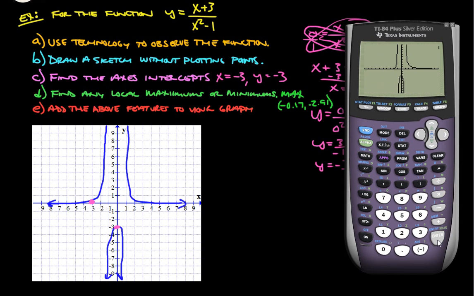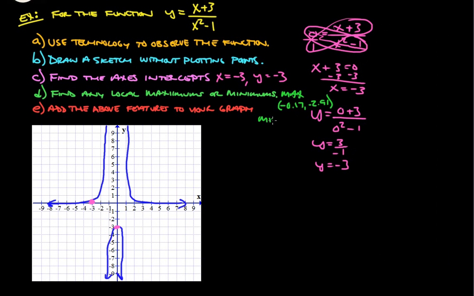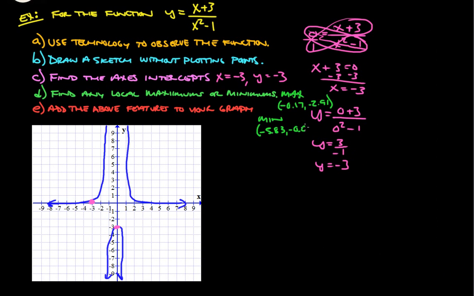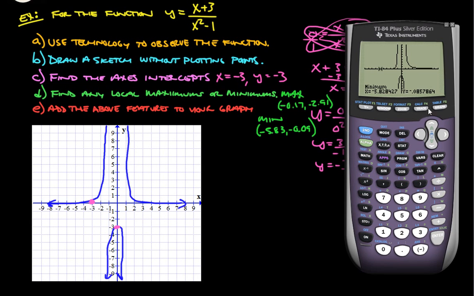Push enter again, and there's a minimum at negative 5.83. So let's see, we got a minimum at negative 5.83 and negative 0.09, right? Yeah. All right, so there's our max, there's our minimum.